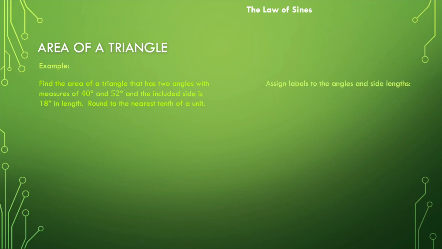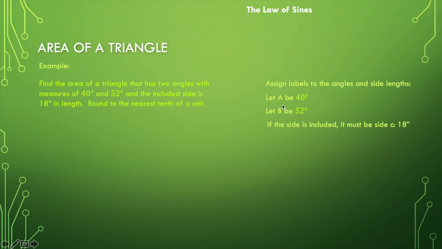Let's start by assigning labels to the angles and side lengths. Okay, let's say that angle A is 40 degrees, angle B is 52 degrees, and that means the included side that's between angle A and angle B would be side C, and that'd be 18 inches.